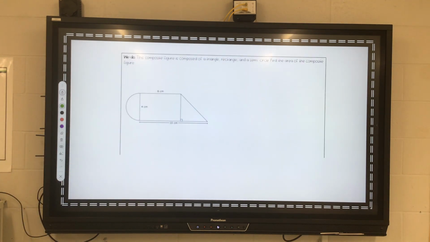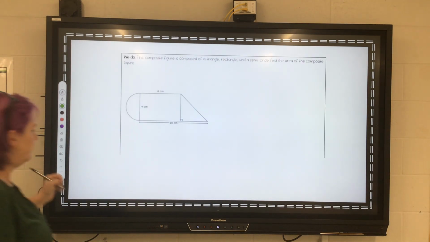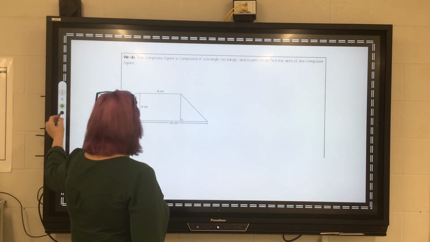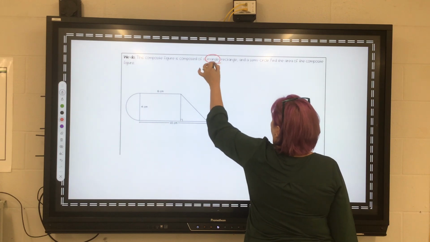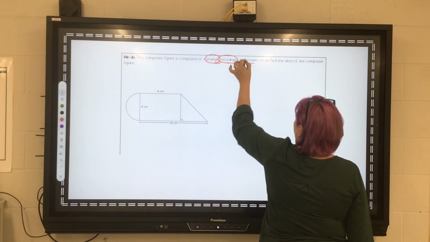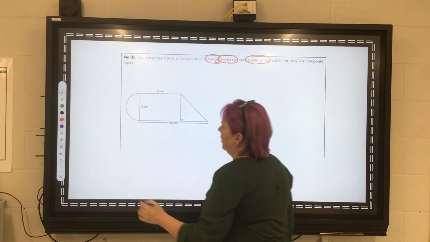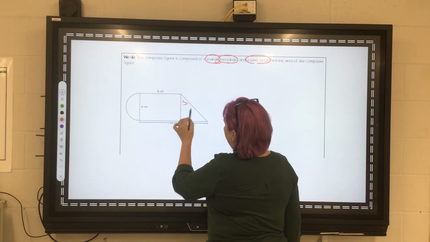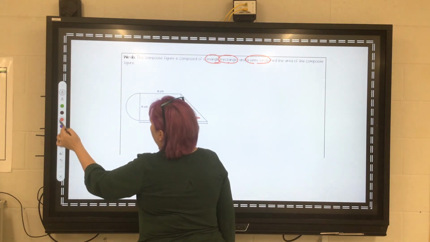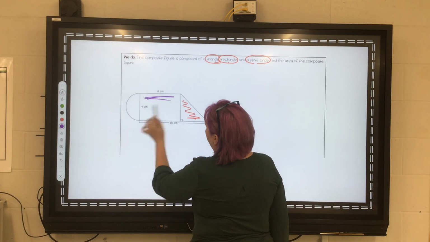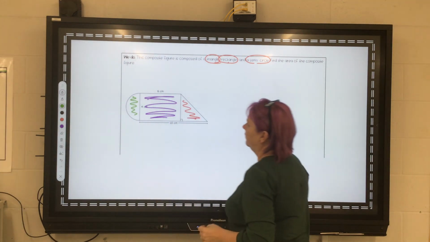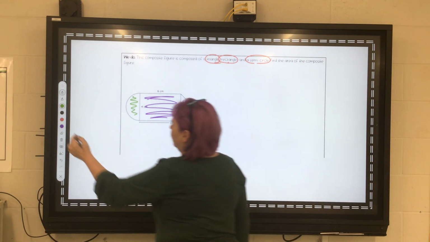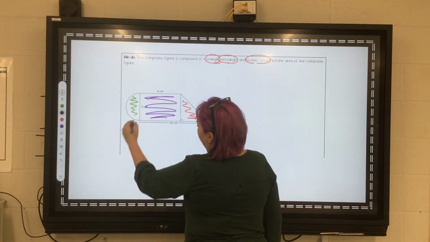One last example. This one, we don't have the chart. So what we're going to start with is we're going to find, we need a triangle, a rectangle, and a semicircle. So I'm going to label my triangle, my rectangle, and my semicircle. Okay, I'm going to go through and label my stuff.